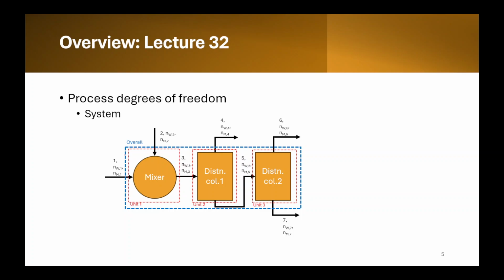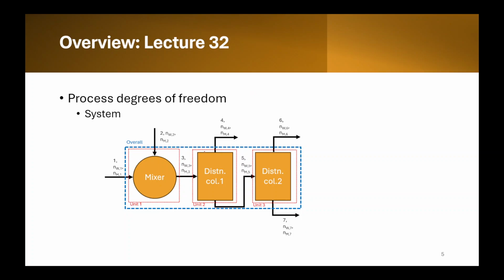You need to define the boundary of the system. If it is the overall degree of freedom that you need to compute, then it will be for the whole system. So the inlets for the overall system are streams 1 and 2. The outlets are 4, 6 and 7.